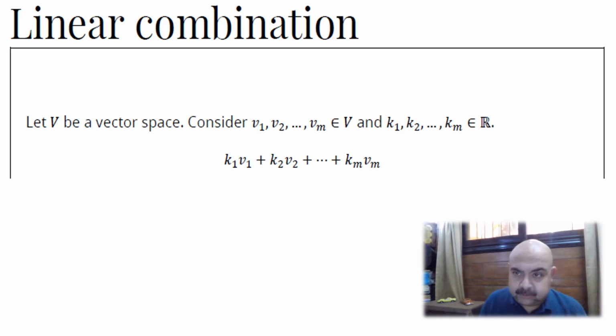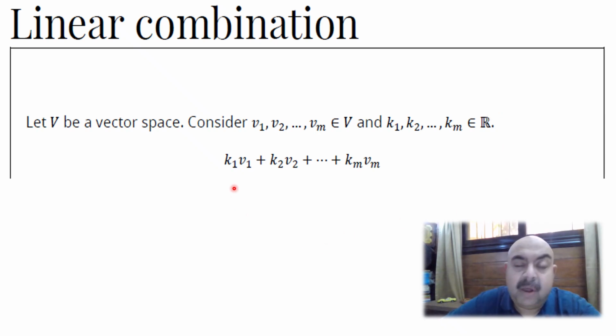So according to the statements, let V be a vector space, and consider we have a set of vectors, generalized from V1 up to Vm, belonging to V. And for certain constants K1, K2, maybe ones, maybe zeros, maybe negative, maybe positive, whatever, but they are part of the real set.